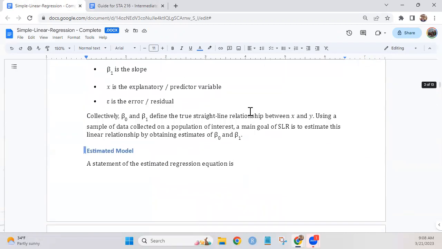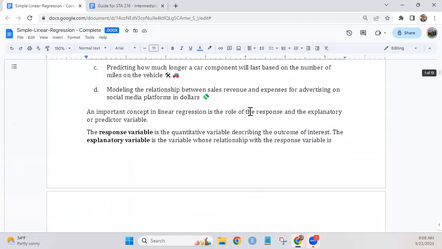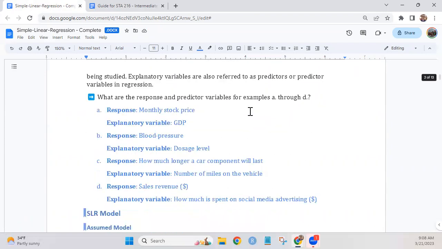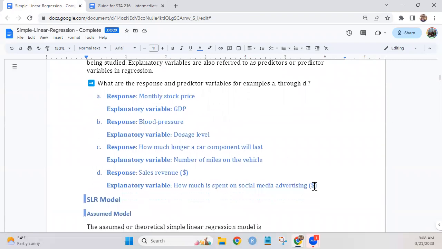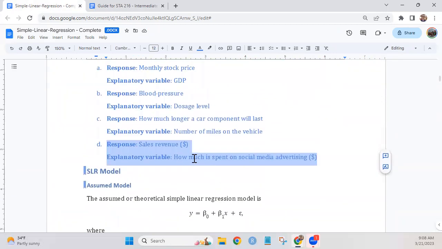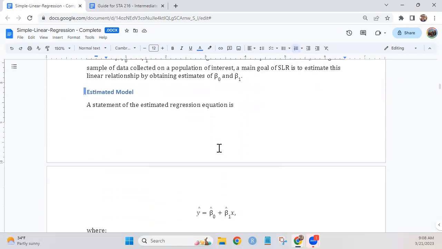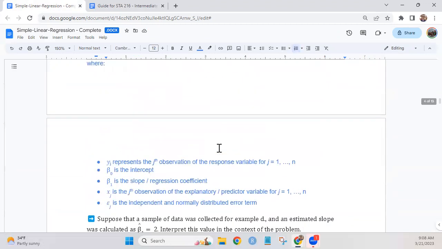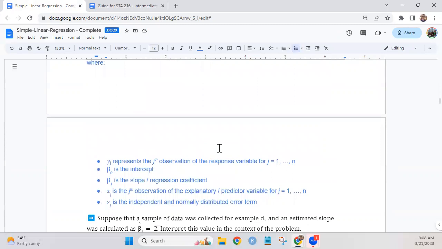Example D is the social media advertising. So we have X was the, here was our X and Y. So what is the response variable?